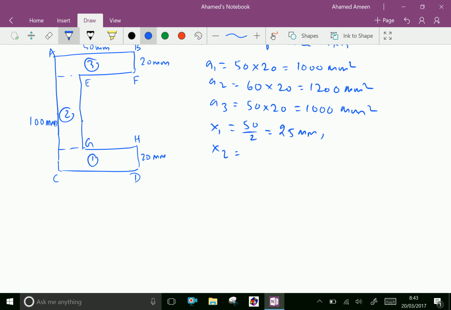X2 equals half of 20. That means from the reference line, the width of the channel is 20. Therefore, 20 by 2 is 10 mm. X3, for piece 3, that x distance is 50 divided by 2, that is 25 mm.